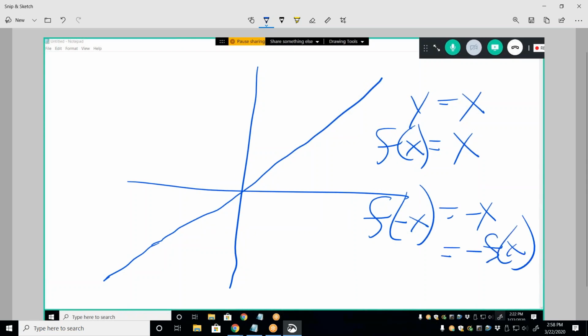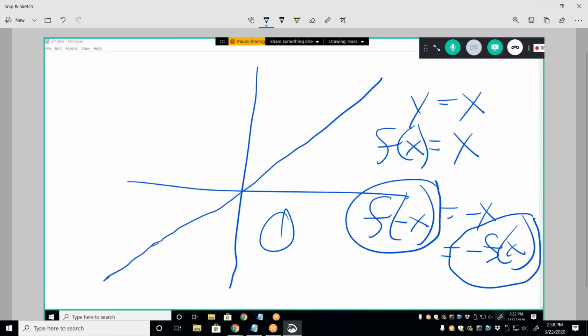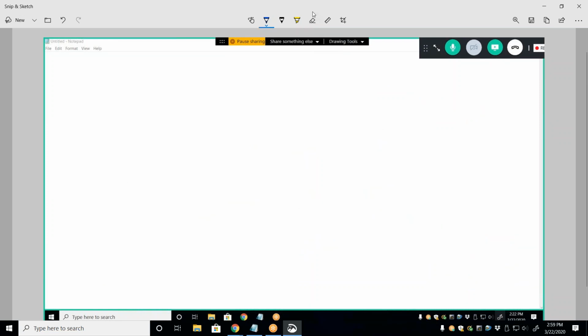So if f of minus x is equal to minus f of x, it's odd, and it has symmetry about the origin. Remember that test. The test for odd or even, you figure out what f of minus x is. Okay. All right.